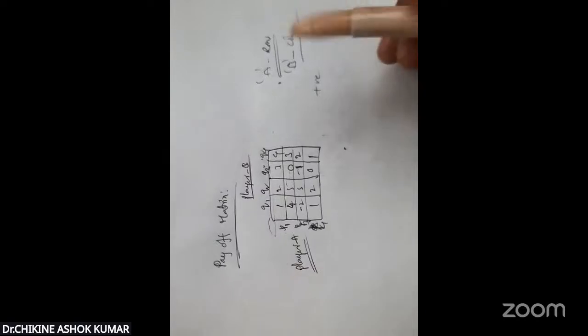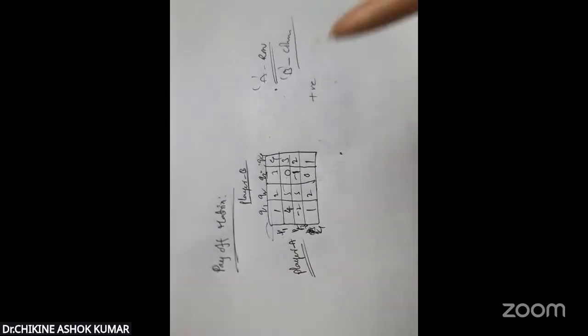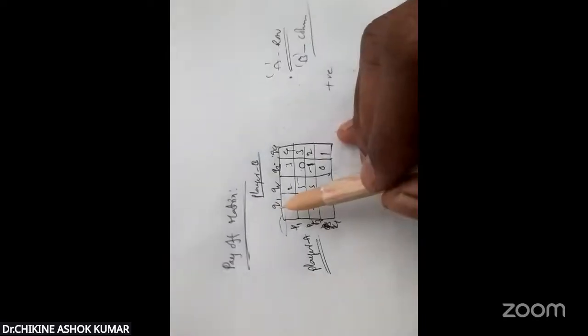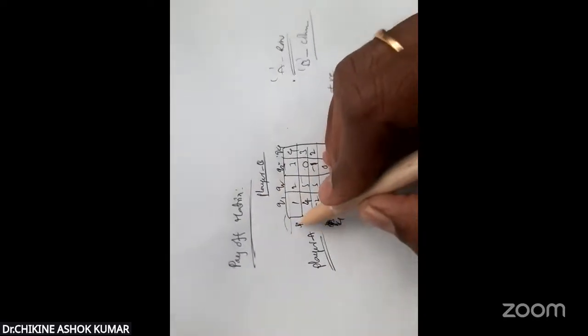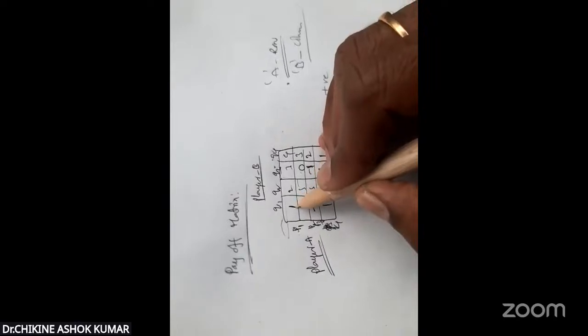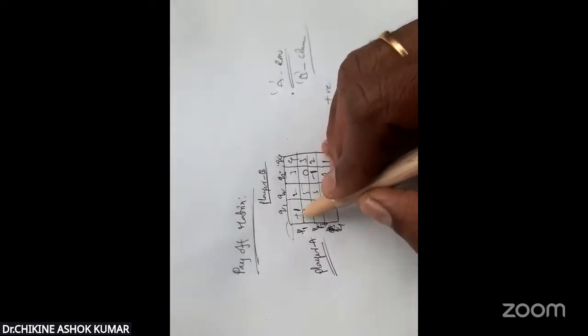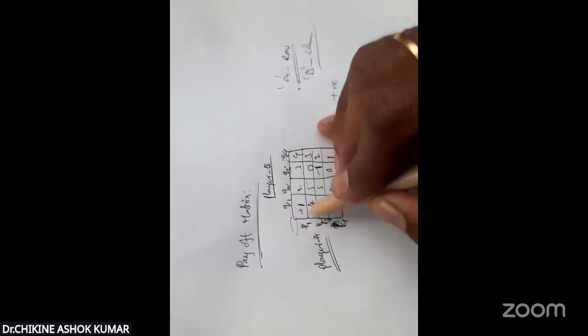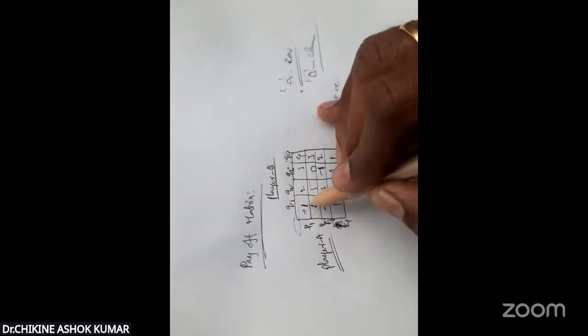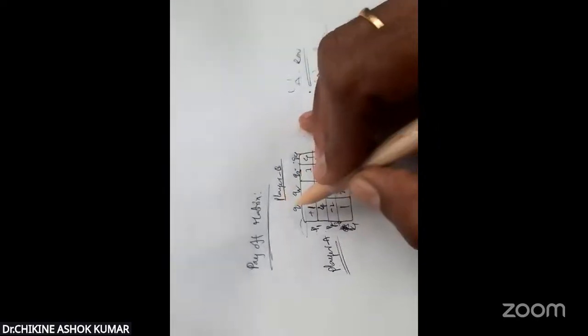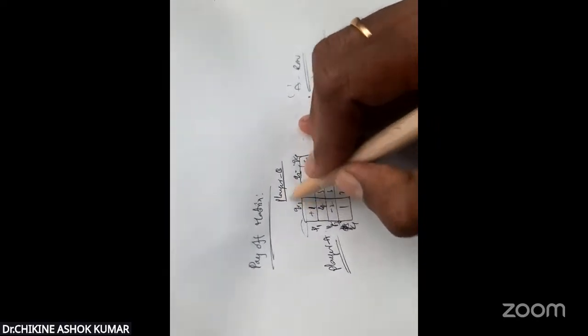Listen carefully. Positive numbers indicate the profit amount of player A and the loss amount of player B. So if the value one is given, it is +1. If you apply this strategy, player A will get 1 rupee profit and player B will lose 1 rupee.